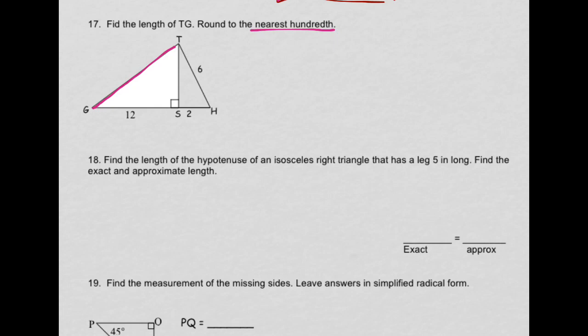So the strategy here, of course, is you need to find from this triangle here, you can find this side, and then after you found that side, then you can find your C, your TG.